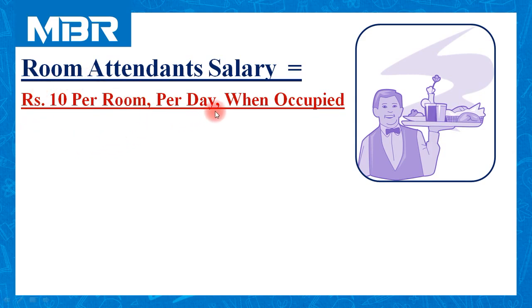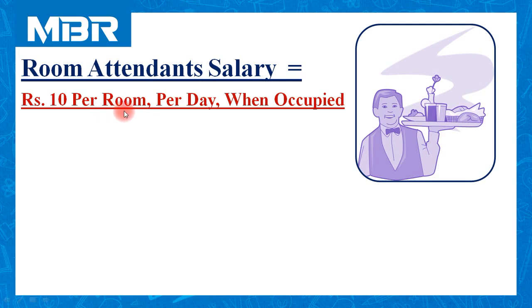We need to pay rupees 10 per day, and we need to pay to the room attendant only in the case when rooms are busy or rooms are occupied by the guest. When rooms are vacant or when nobody is in the room, we are not supposed to pay amount to room attendants. So here three factors are involved.